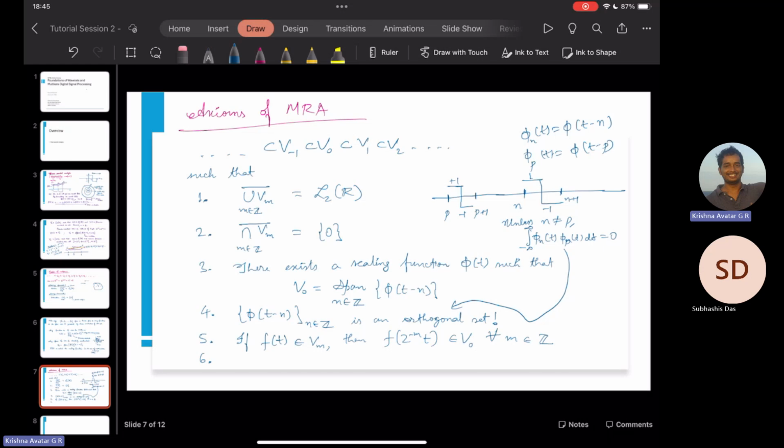Number 6 is: if f(t) is an element of V0, right, then for all n an element of Z, f(t minus n) is an element of V0.